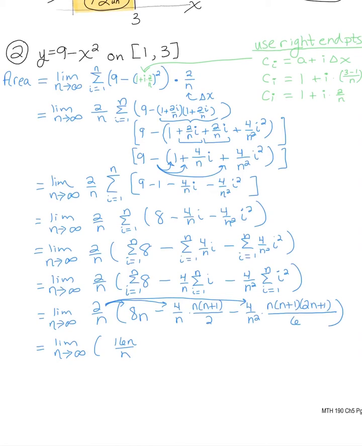And that's probably one that's so tempting you can't resist reducing those n's. In the second term, I would have 4 times 2 would be 8 times n plus 1 all over, in the denominator, n times 2, so the 2n squared. And in the third term, the 2 times the 4, I would have 8n, n plus 1, 2n plus 1, all over n squared times 6, so 6n cubed.